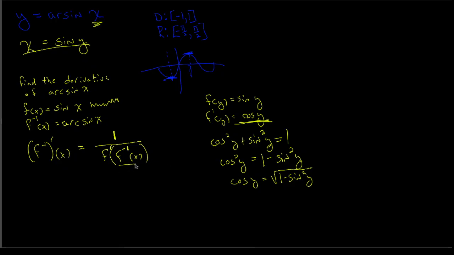But since we're evaluating this at x, this will become 1 over cosine y evaluated at x, or evaluated at arcsin of x. All right, so we're going to get the cosine evaluated at the arcsin.